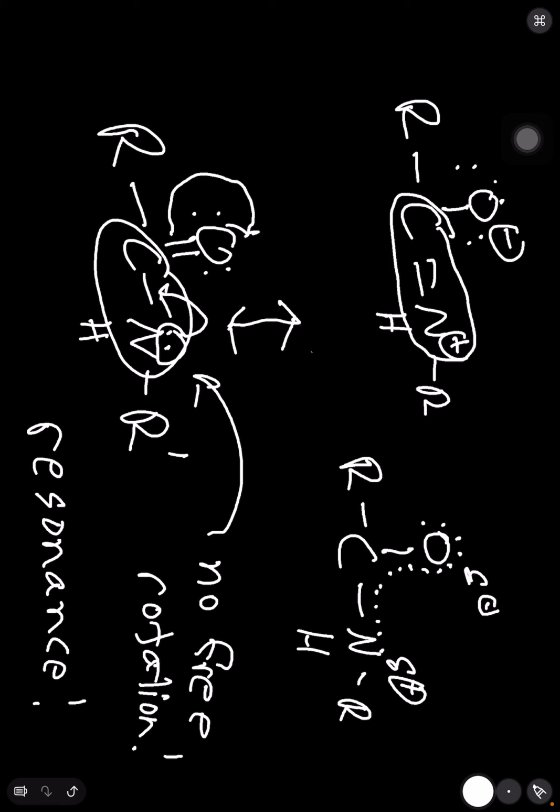It allows them to do their job as a result. So that's why the peptide bond is so important. It gives these amino acid chains partial double bond character that allows them stability and consistency.